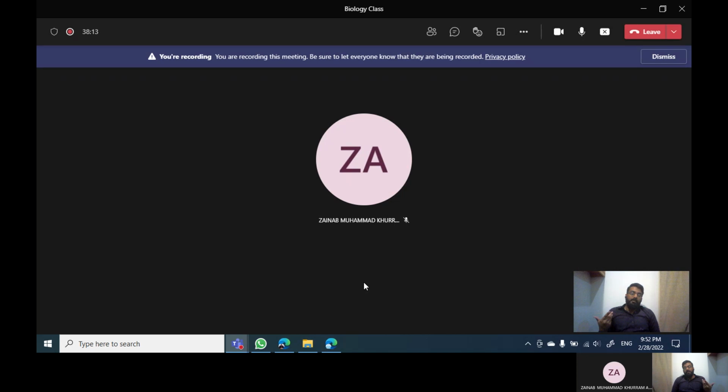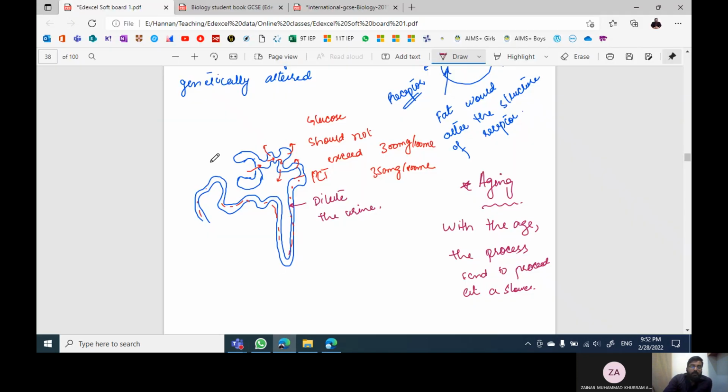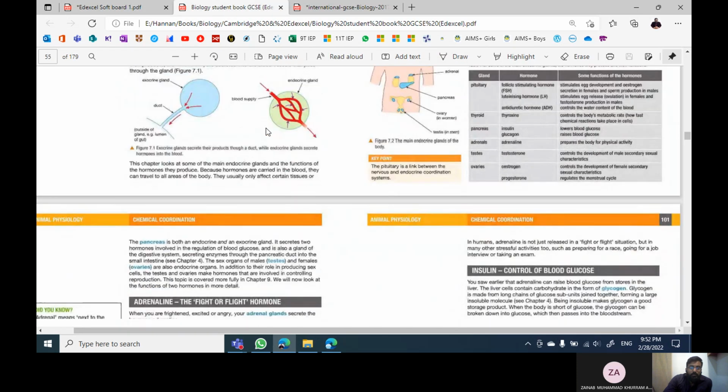That is why we should be very conscious about our diet, especially after 35, so that we may not get the problem of diabetes or extra glucose in our body.